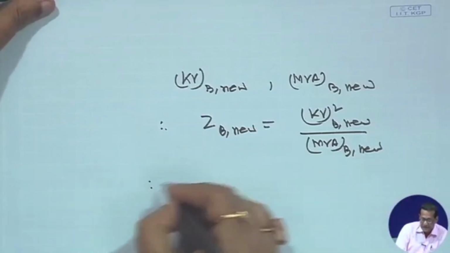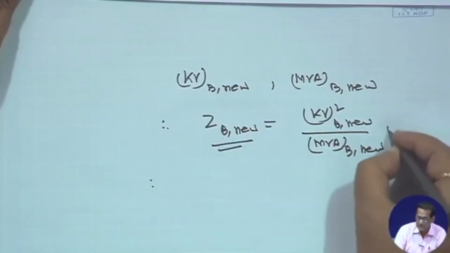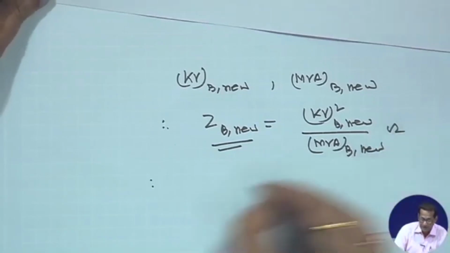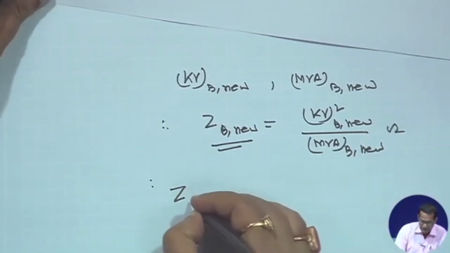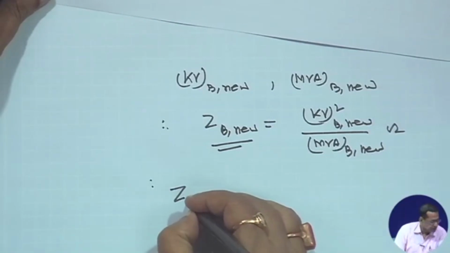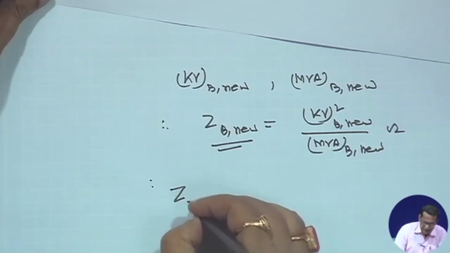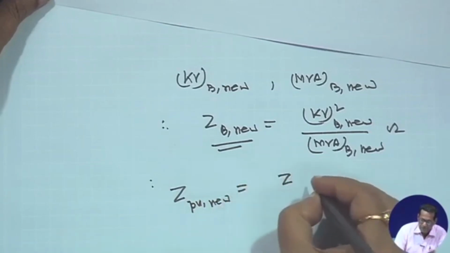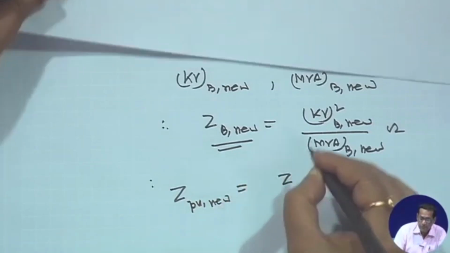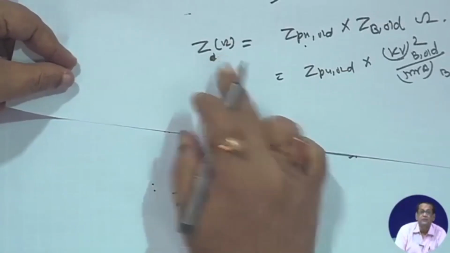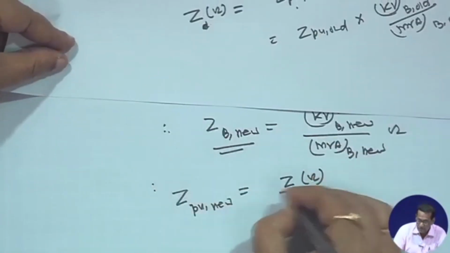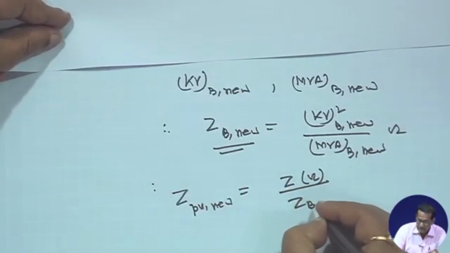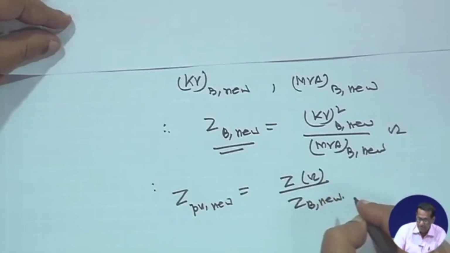That means, this is the new value, this is actually in ohm. Therefore, your Z per unit new I can write as Z ohmic value, whatever you have got here, divided by Z base new, right.